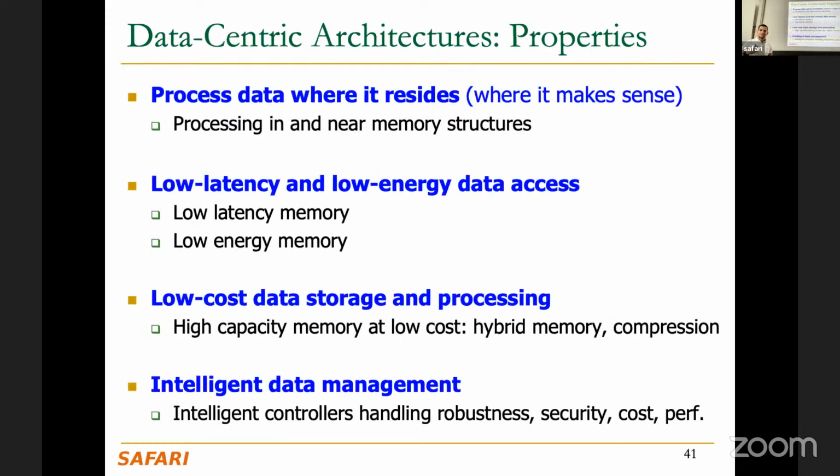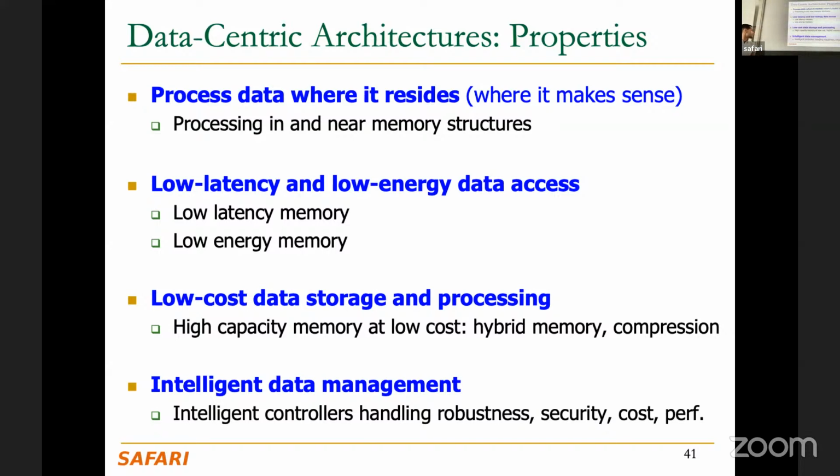So what are the main properties of those data-centric architectures? The first one, as I mentioned several times, is that we are going to process data where the data resides. We are going to avoid moving data as much as possible, so we can have the second property, which is low latency and low energy access, with low energy spent on data movement itself.